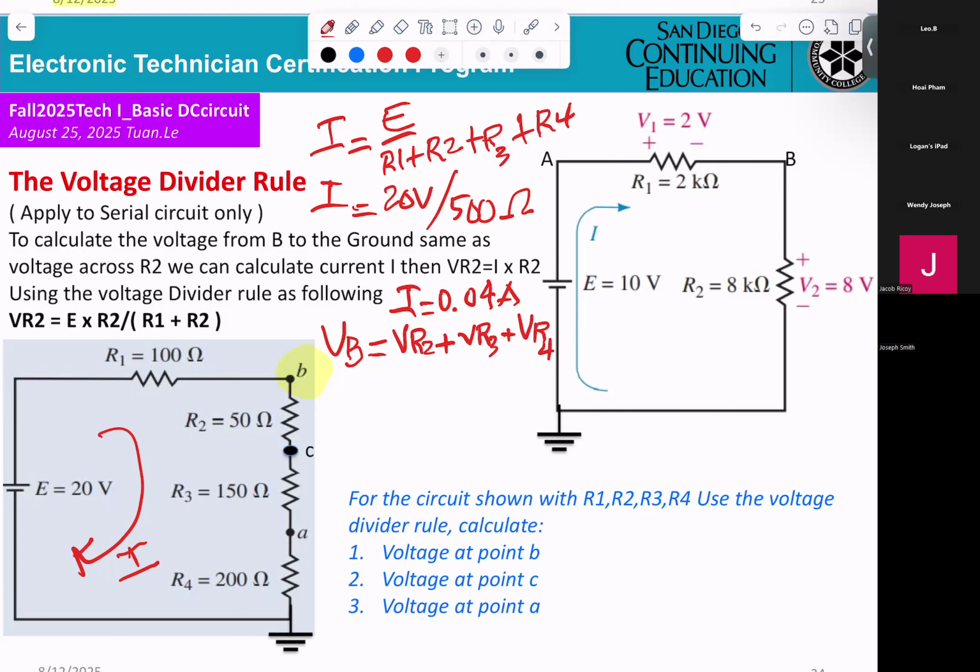And now you have to calculate VR2, which is I times R2, VR3 is I times R3, and VR4 is I times R4. After you get that, adding up, you can get VB.